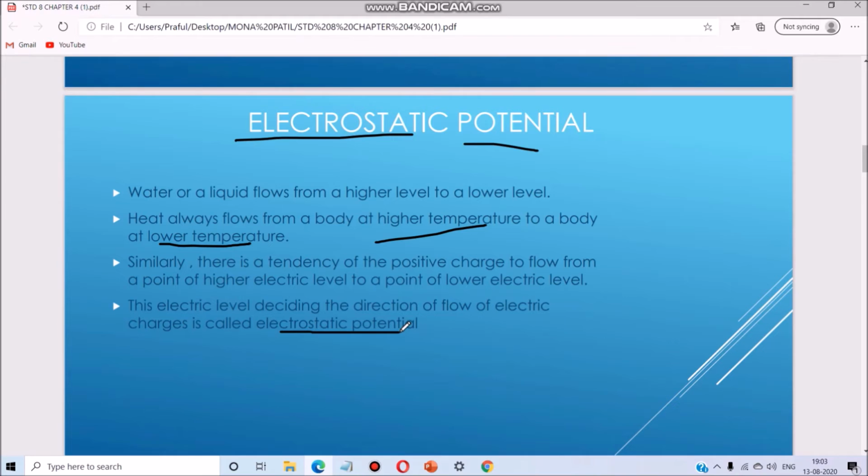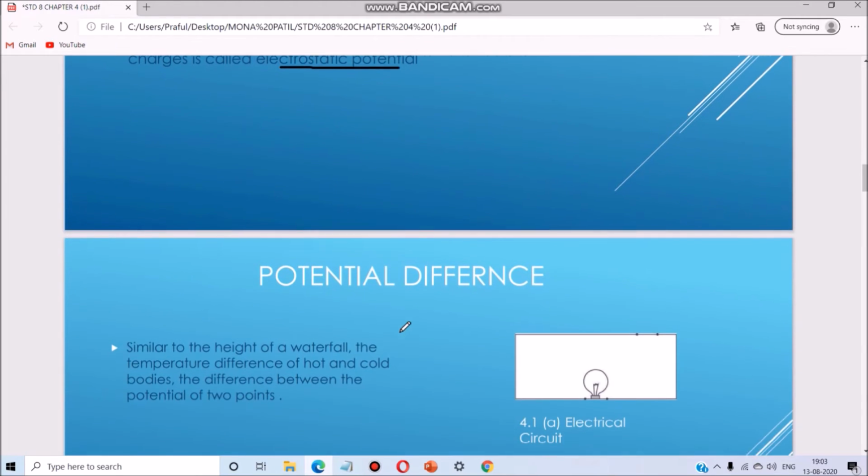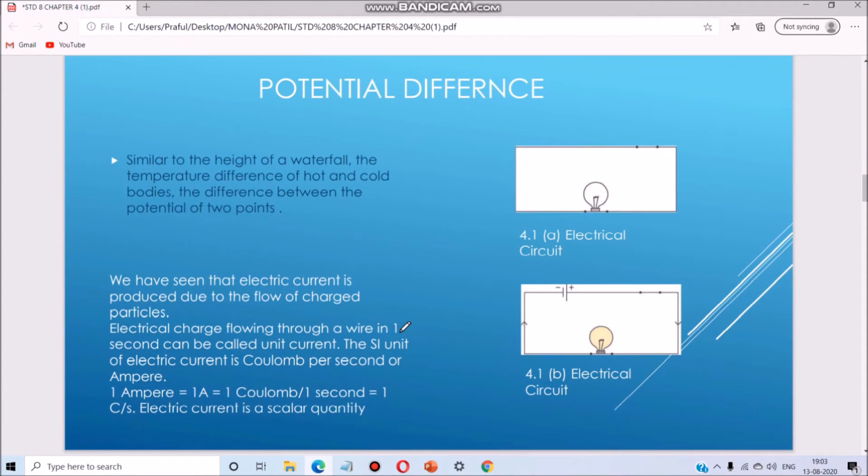Next, potential difference. So what does potential difference mean? Suppose you take two containers at different heights, one situated at a higher height and the other lower. How will the liquid or water flow from the higher container to the lower container?